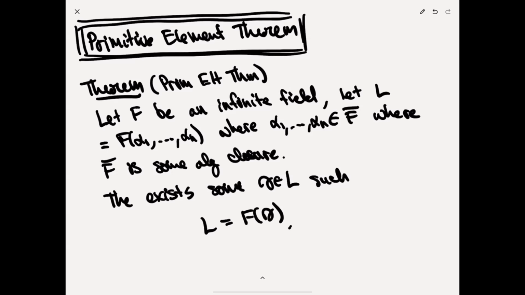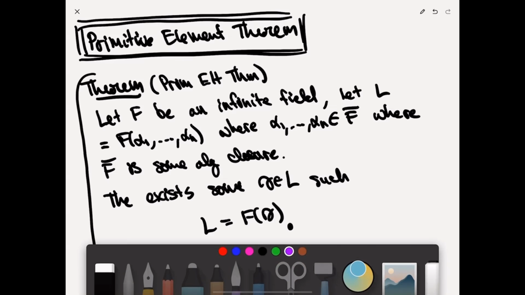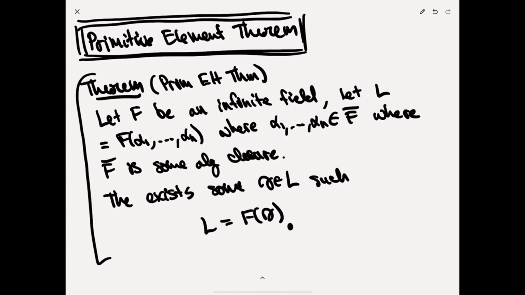This extension is called simple, or some people call it primitive. So this gamma here is the primitive element.